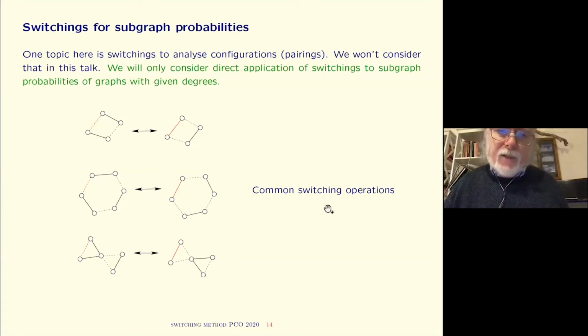So the stuff in the past has been mostly done with these types of switchings. And the upper right edge is the one we're interested in. So if we want to know what is the probability that there's an edge where it's colored red, we can use the switching that swaps the figure on the left to the figure on the right and put that edge in and out without changing the degrees of the vertices.